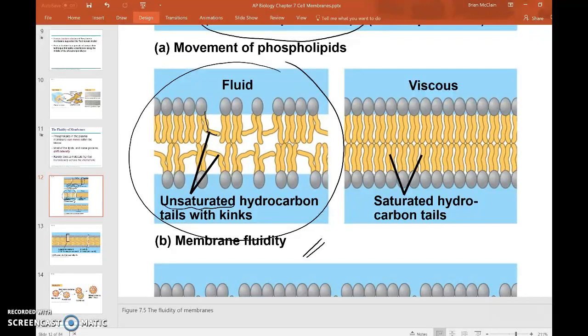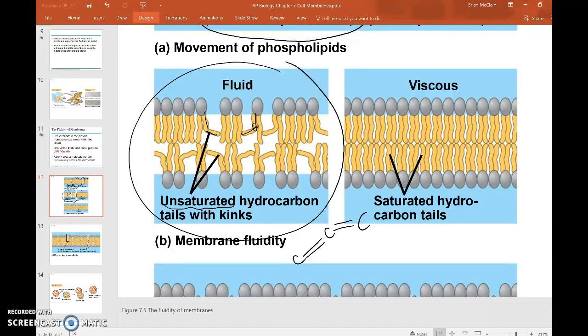When you get those double bonds in that carbon chain, what that ends up doing is giving you these different bends. Unsaturated is missing hydrogen, and as a result, these bends are created. That prevents this structure from packing together really tight. By having a little bit of that space in there, it keeps fluidity.